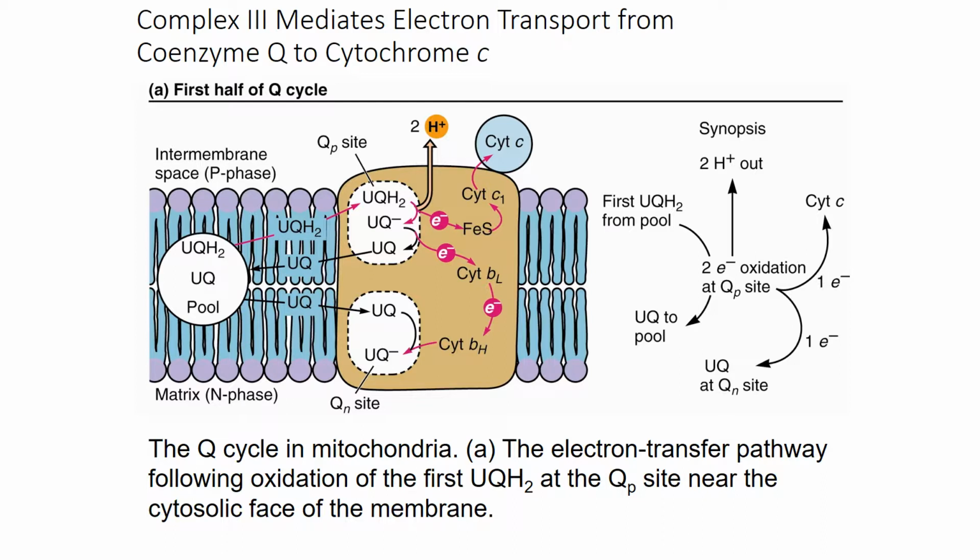So before we discuss the transfer of electrons and the proton pumping that occurs in this complex, I'd like to point out that we're now seeing the cytochromes playing a role in this process. So cytochromes are proteins with heme prosthetic groups.